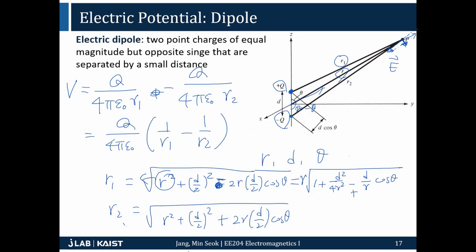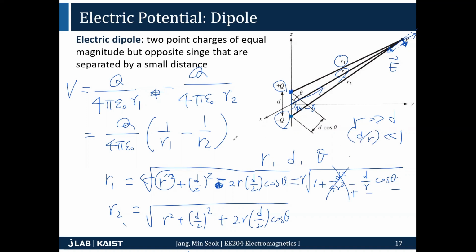Then what we need to do is a Taylor expansion, right? Because we know that R is much, much larger than D, so D divided by R is much, much smaller than 1. So we can ignore the second order and only keep the first order. We ignore this, okay? And then we have only the first order.